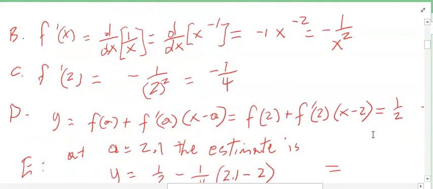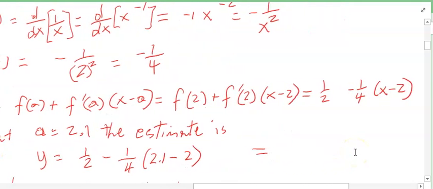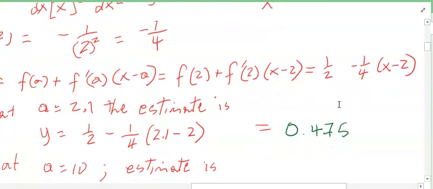Then for part E, we want to use this equation to estimate the value at a equals 2.1. So we will replace the x in this function with 2.1, so y is equal to 1/2 minus 1/4 times 2.1 minus 2, and then a calculator gives 0.475.